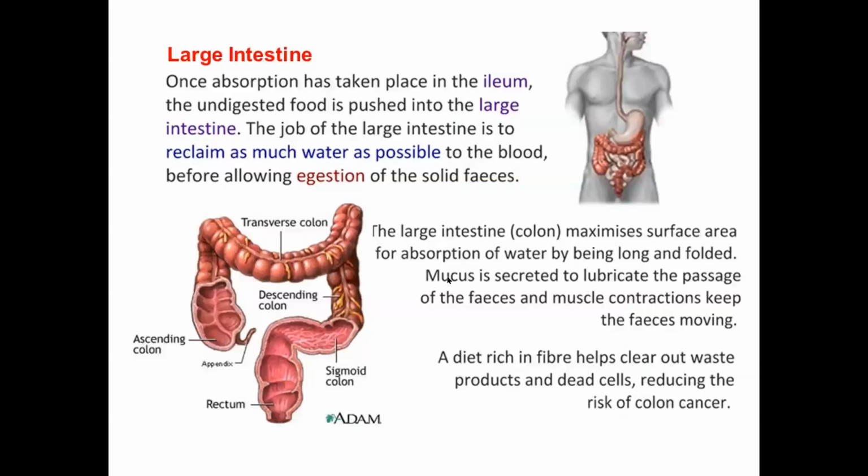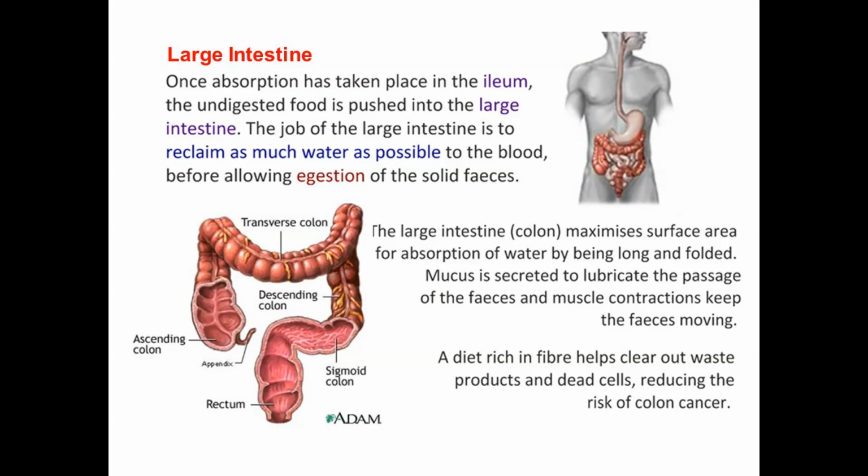Now, as it says here, once absorption has taken place in the ileum, the undigested food is pushed into your large intestine, remember, via the ileocecal valve. And the purpose of your large intestine, mainly, not only, but mostly, is the reabsorption of water, right?